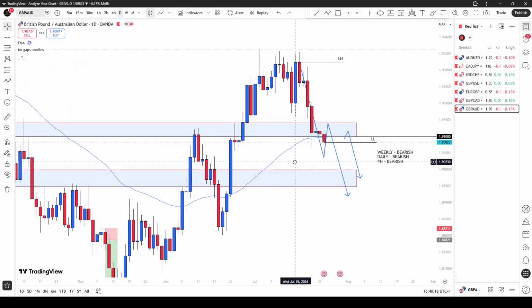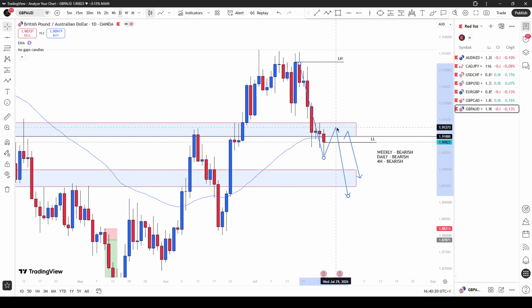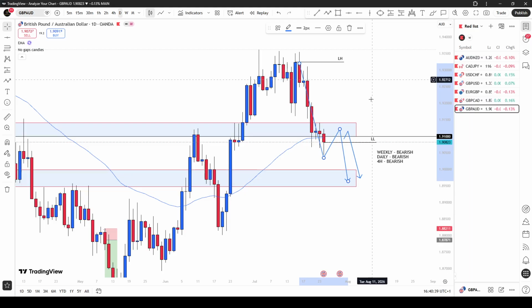We already have the break. I'm waiting for the retest to take the trade to the downside. Very simple and easy strategy. Break and retest. That's what I'm looking out for on this week's pairs.